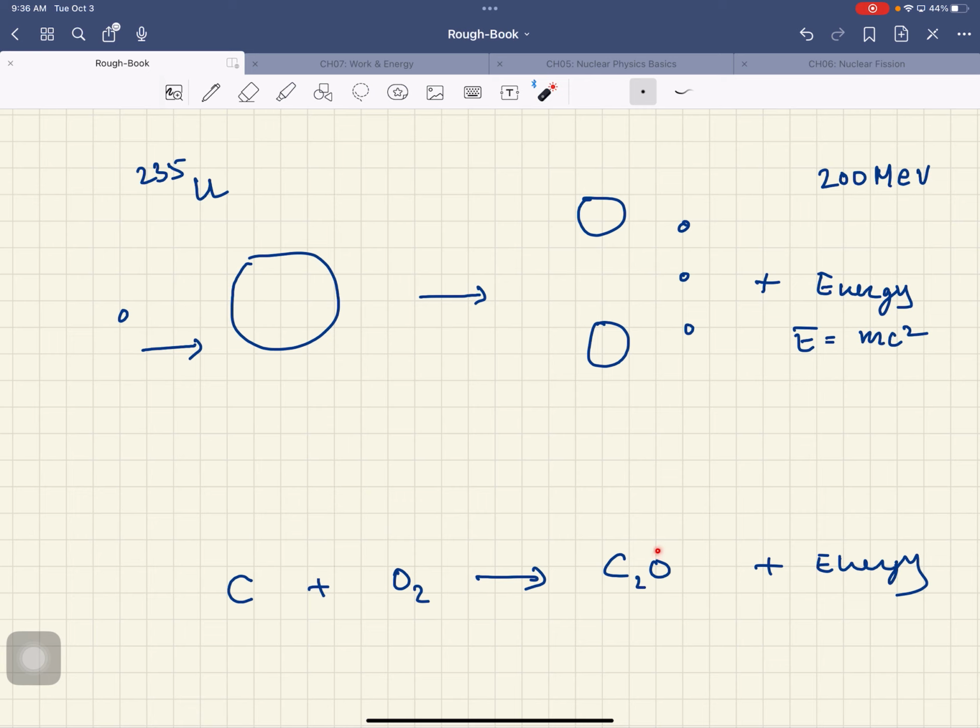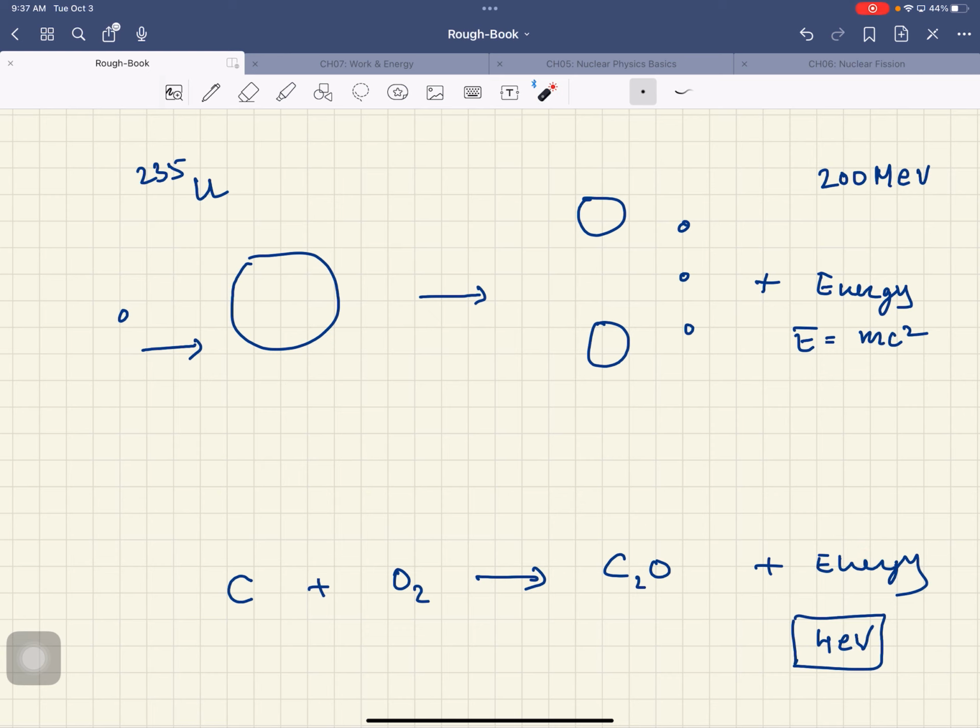If energy is released, the product weighs less than the ingredients. Okay? Except that when you burn 1 atom of carbon, you release about 4 eV of energy. What does MeV mean? Million electron volts. So you split 1 uranium nucleus, you get 50 million times more energy than when you burn coal.